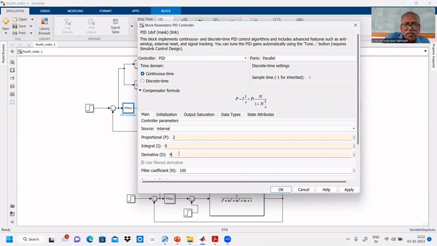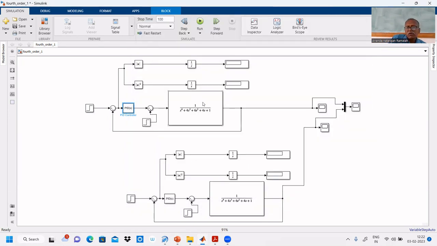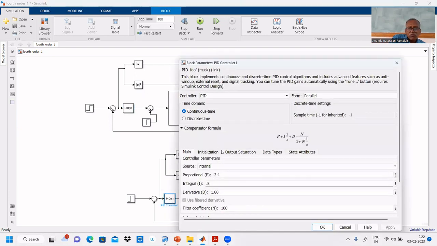Derivative mode also we can enter 0. Here it is in proportional mode. Here we are entering only integral mode, let us put Kc by Ti.